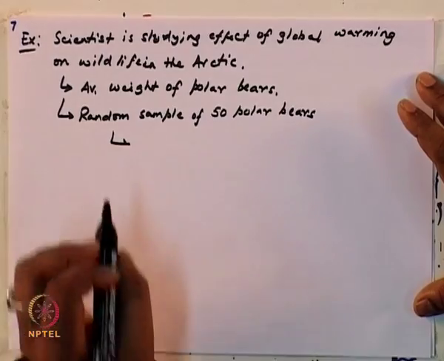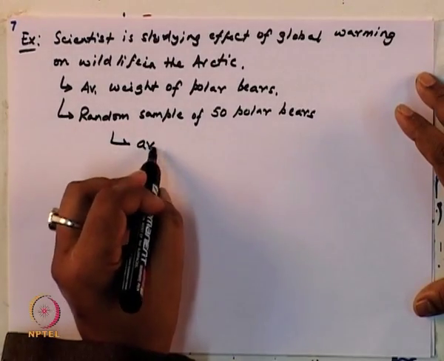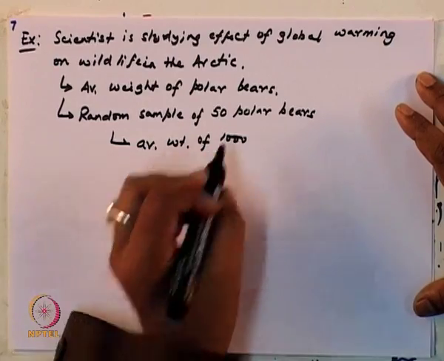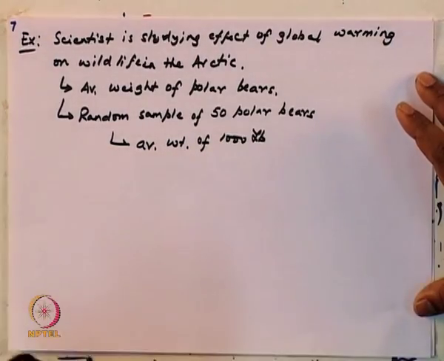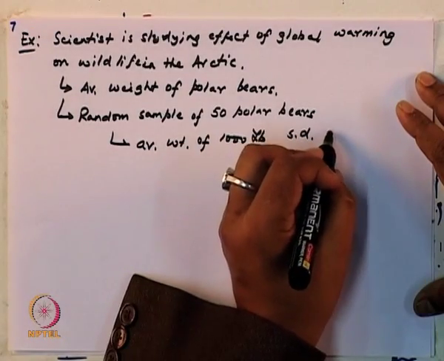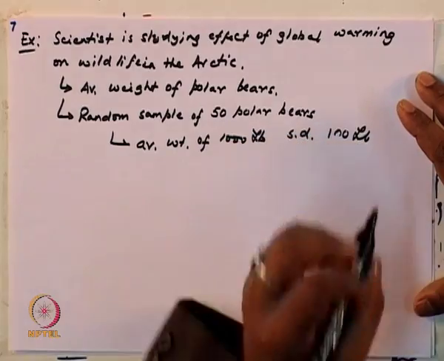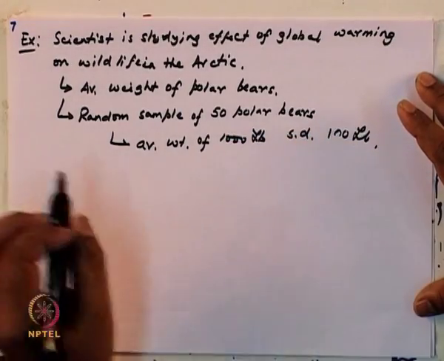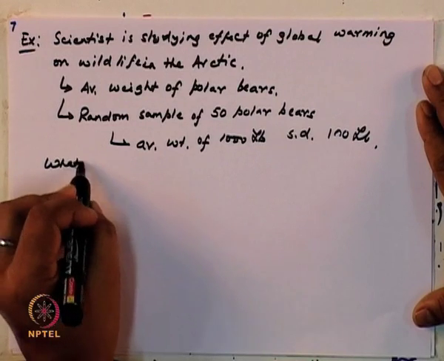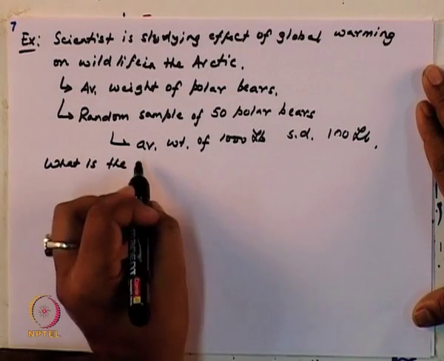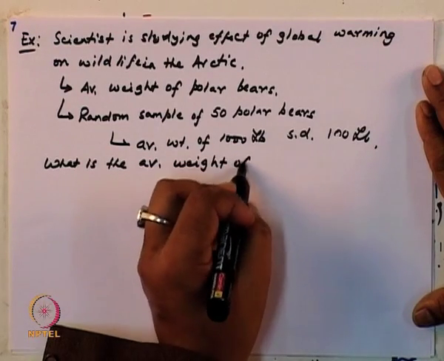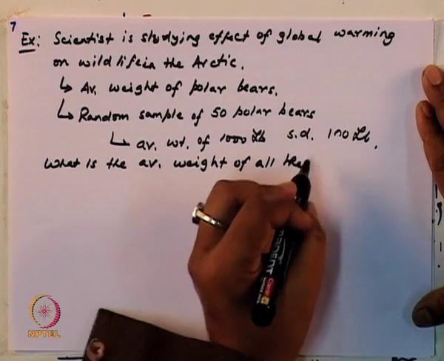So, he comes up with an average weight of 1000 pounds and a standard deviation of 100 pounds. So, the question is, based on this, can we estimate the average weight of all the polar bears?